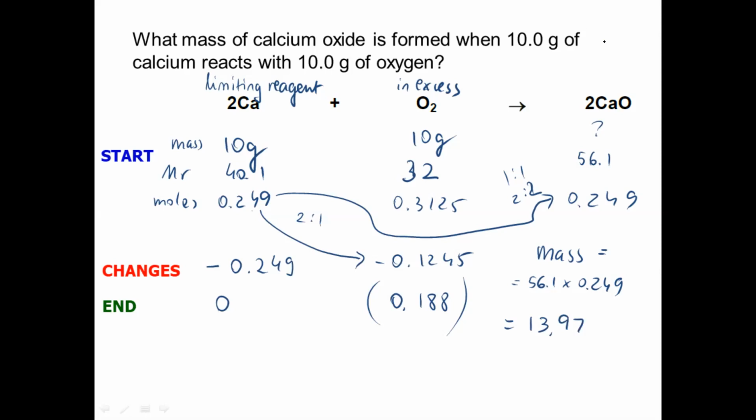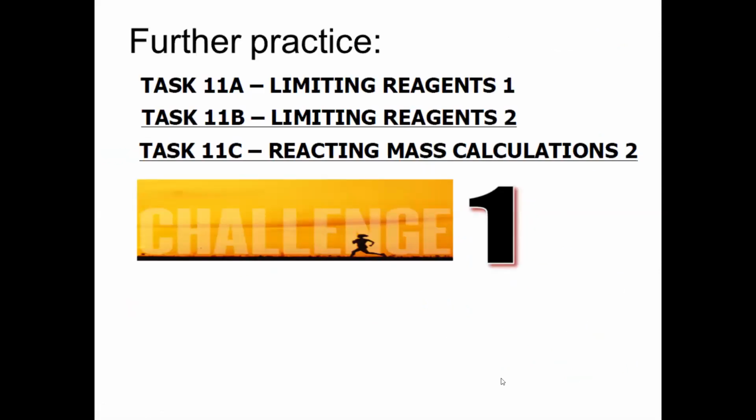Because it's 3 significant figures, that's 14.0 grams, and that's grams because it's mass. So what you can do for further practice is these 3 tasks and a challenge, and I will make the mark schemes available.